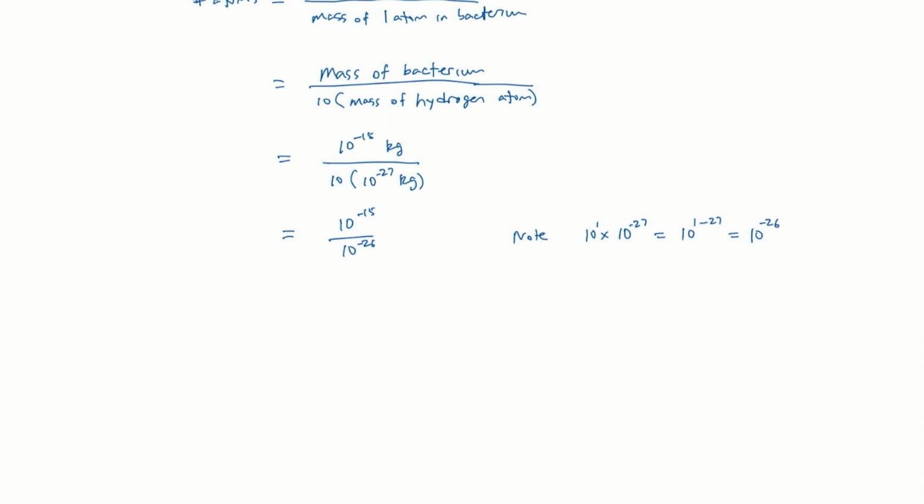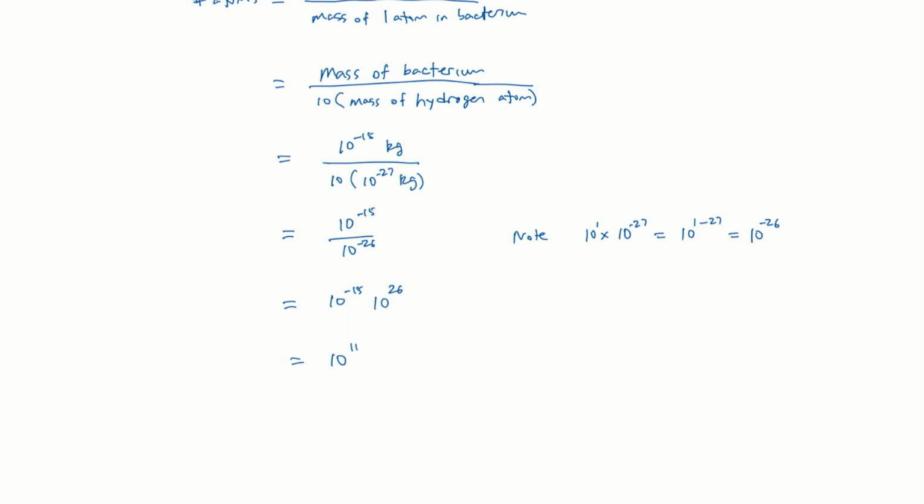When we're multiplying two numbers that have the same base, we add their exponents. Okay. And so now this is 10 to the minus 15 times 10 to the plus 26. When an exponent changes from numerator to denominator or denominator to numerator, its sign flips. And so this gives us about 10 to the 11.